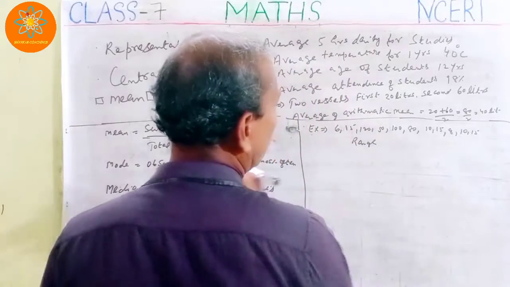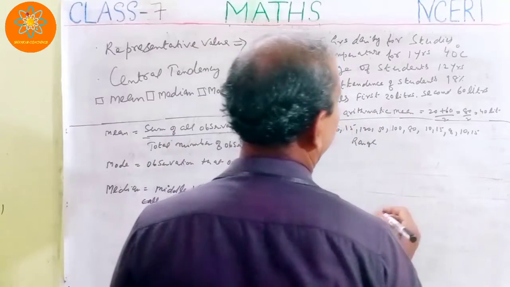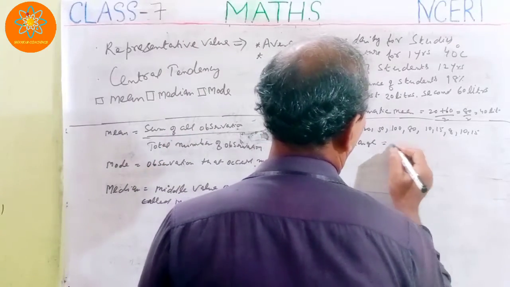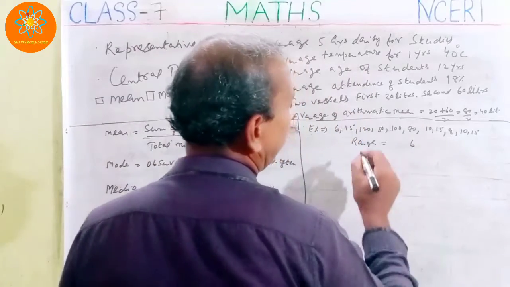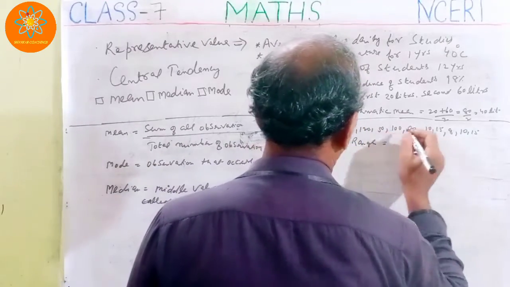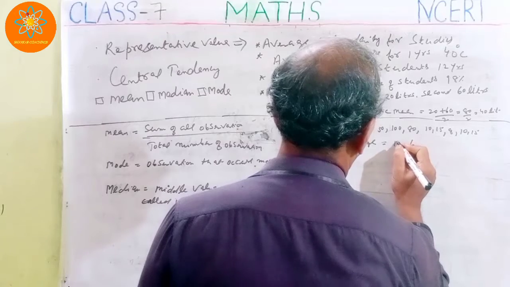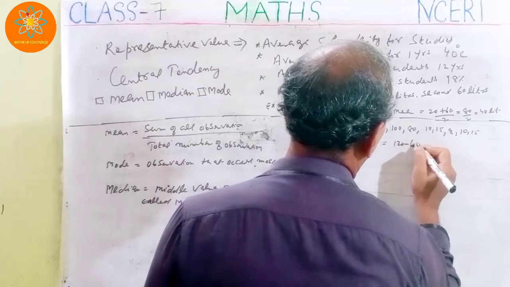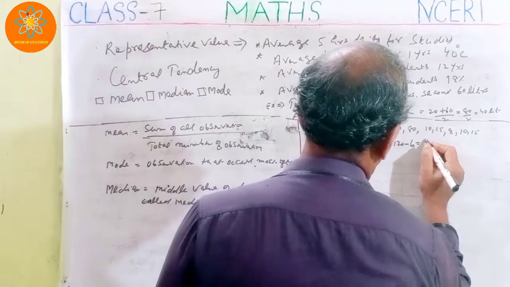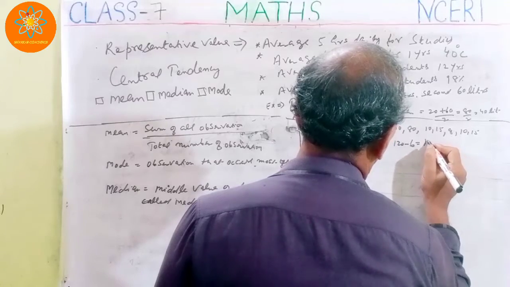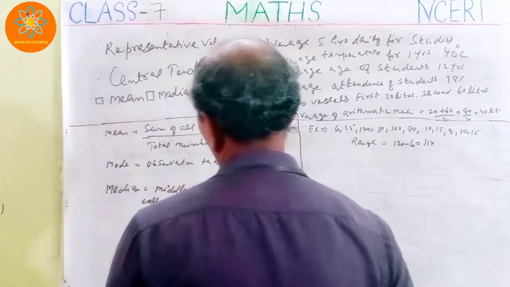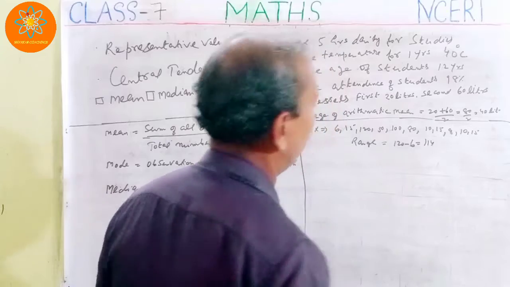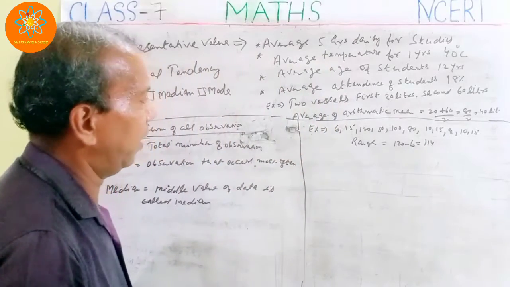It is 6. And the highest one is 120. So 120 minus 6, that is 114. This is the range.